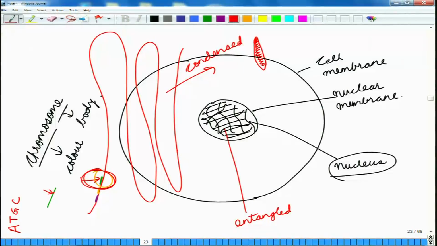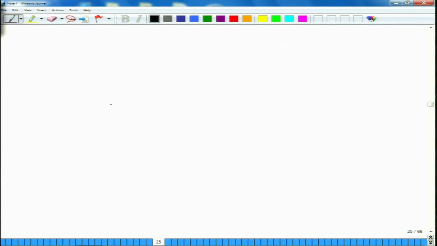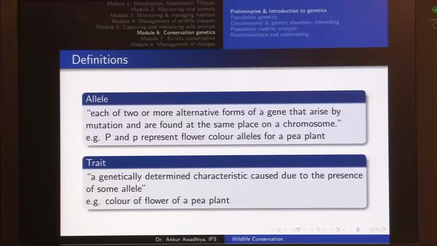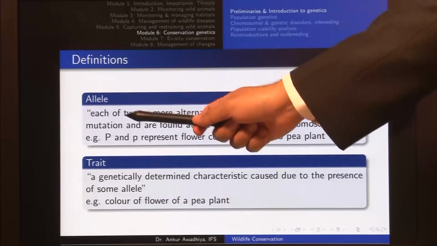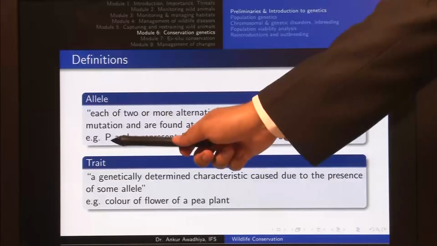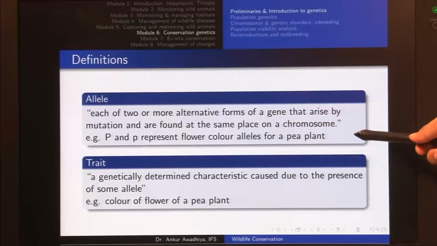So when we consider 2 different chromosomes, let us say this is one chromosome, this is the second chromosome, and both of these have a gene at this location and one gene suffered a mutation. Even then these genes that code for the height of the individual are at the same location. So here it says that an allele is each of 2 or more alternative forms of a gene that arise by mutation and are found at the same place on a chromosome.